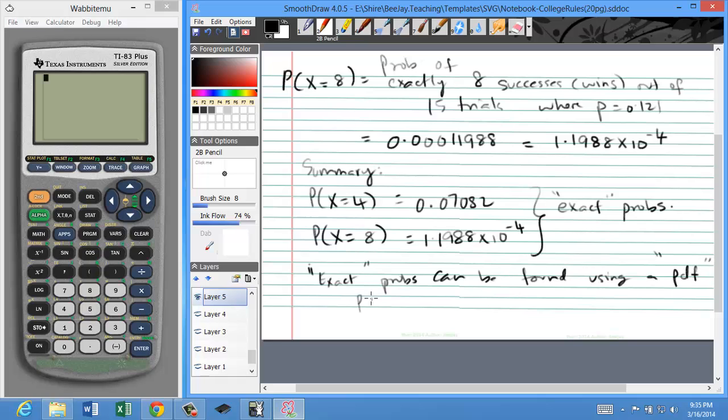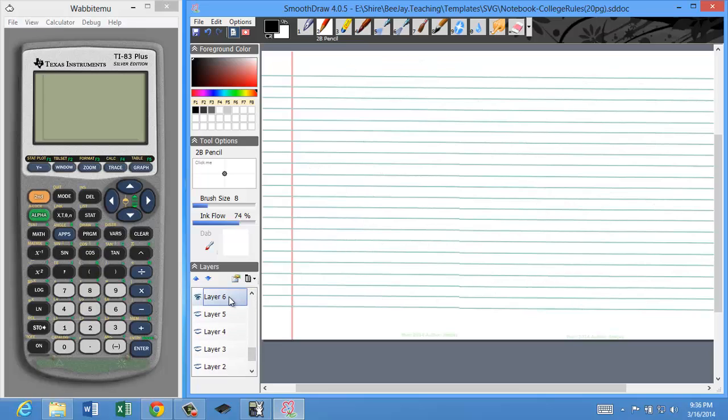So what does PDF stand for? PDF stands for probability density function. So I know that I have to use a binomial distribution in this case, and I know that I have to use a PDF.